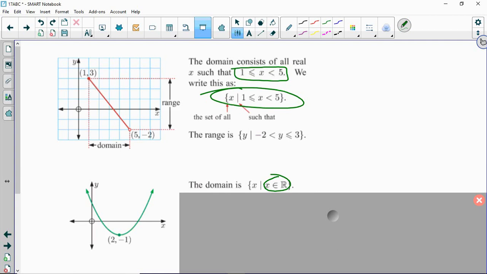So that's x, and then we have, that's not a euro symbol, it's kind of like a curvy E. And that just means that x is an element of, and then we have our set of real numbers. If you prefer, you could express that in words by saying all real numbers.